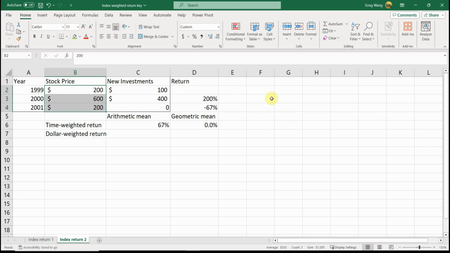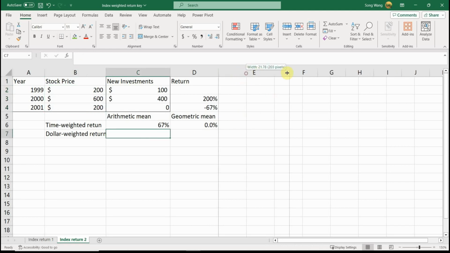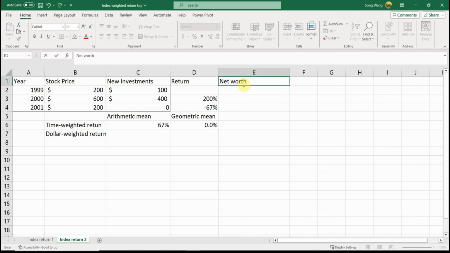you invested in. In order to get a dollar-weighted return, you will need to calculate your net worth. Okay, your net worth. All right, so you start at $100, so how much do you invest? You invest 100.